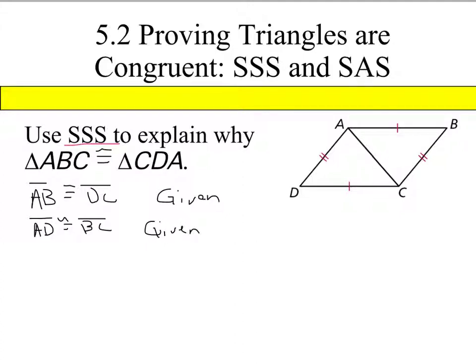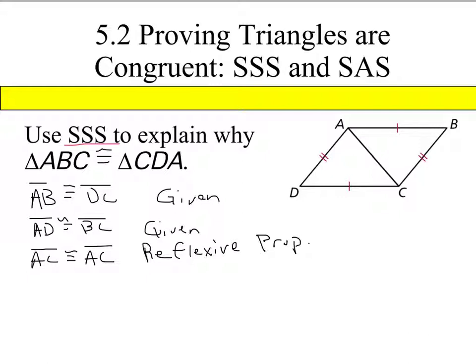Now I have to come up with my own logical argument as to how I can prove side, side, side. I need to figure out how that third side is congruent to the third side of the other triangle. I'm dealing with AC and AC, so I need to prove that AC is congruent to AC, which I know is true because of the reflexive property of congruence that we learned in chapter 2.